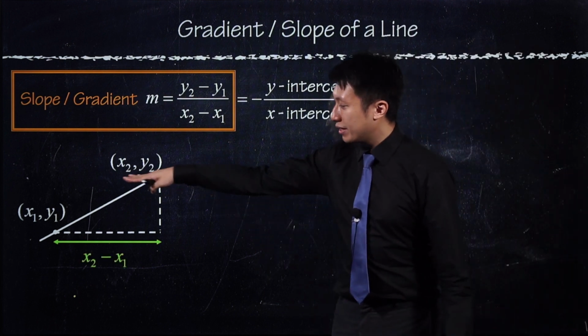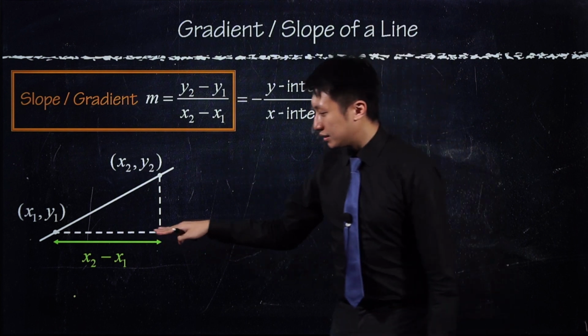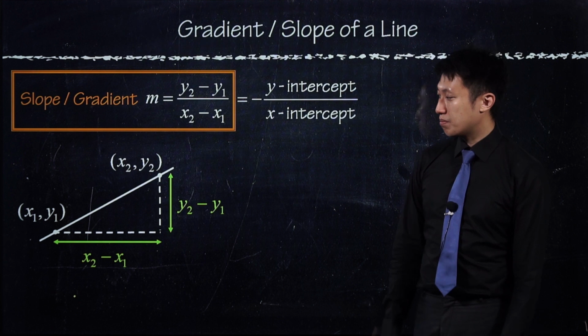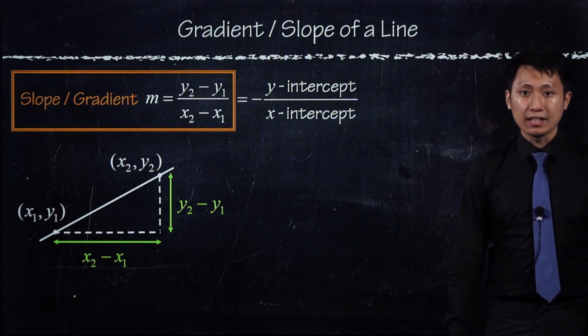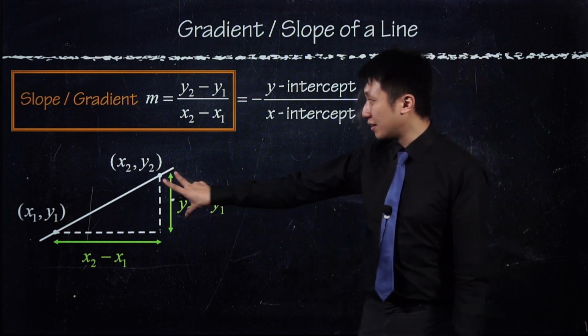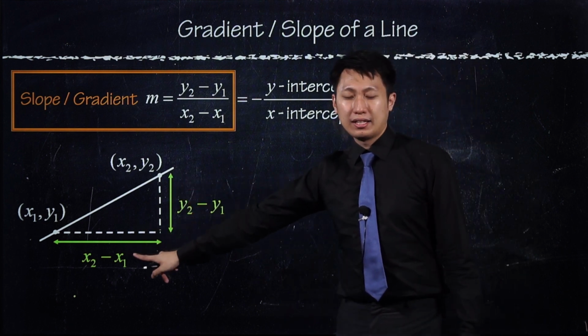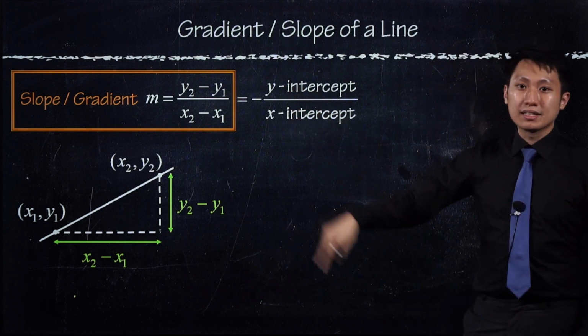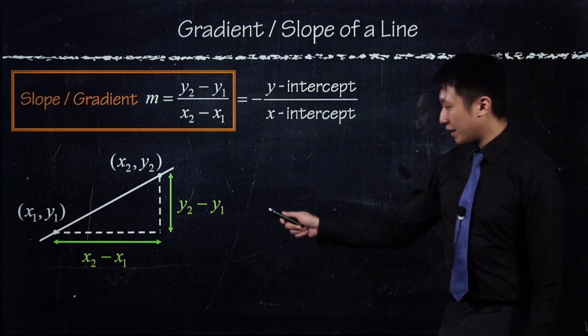Then this height is y2 and this height is y1. So this height should be y2 minus y1. And hence, slope is essentially this one divided by this one.